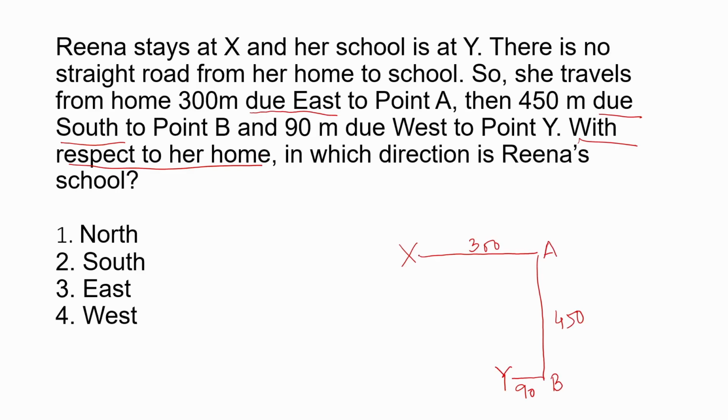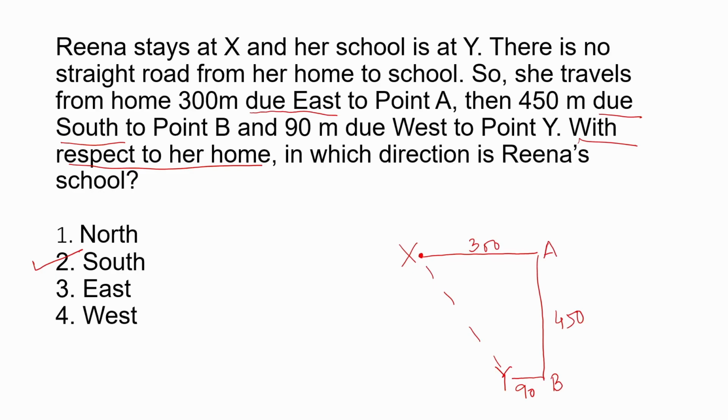So with respect to X, you have to give the direction of Y with respect to X. So if you are standing at X, in which direction is Reena's school? Technically this would be southeast, but they have asked you only in terms of north, south, east, and west. So the correct answer here would be south.